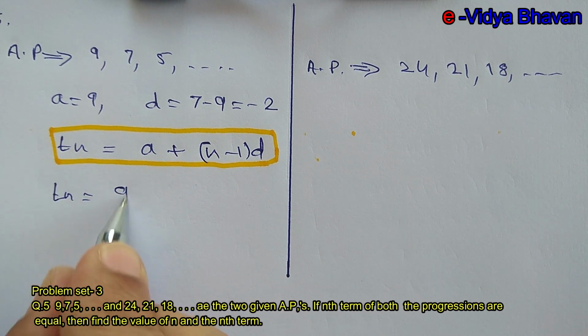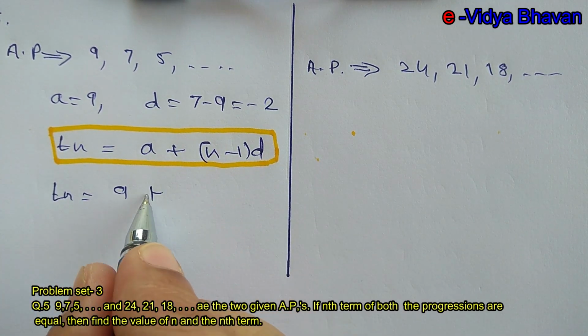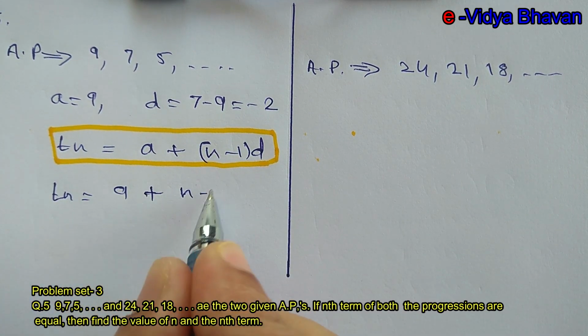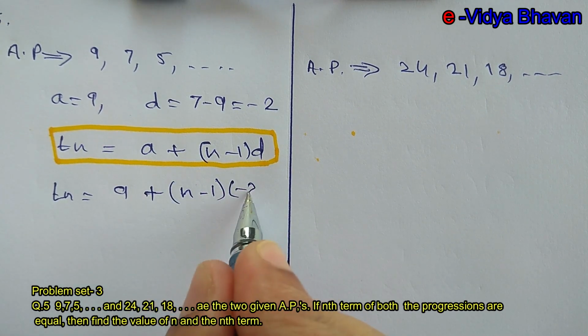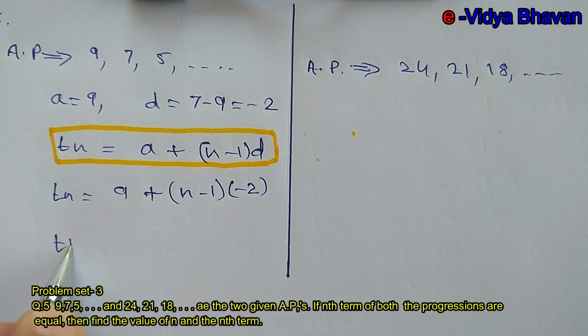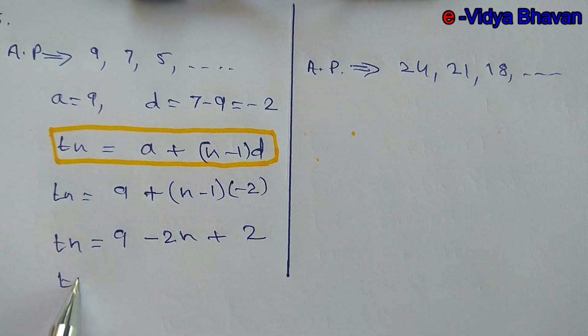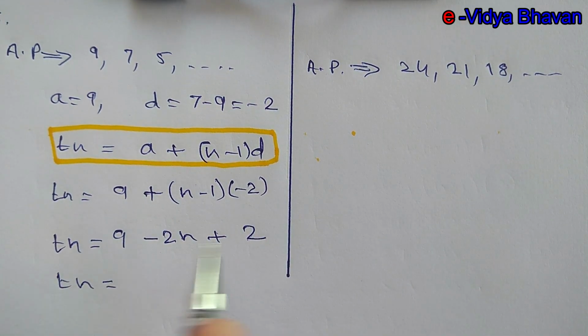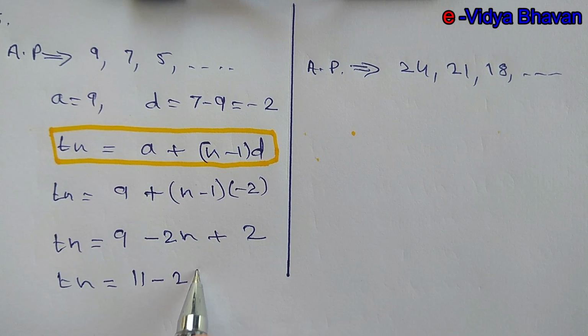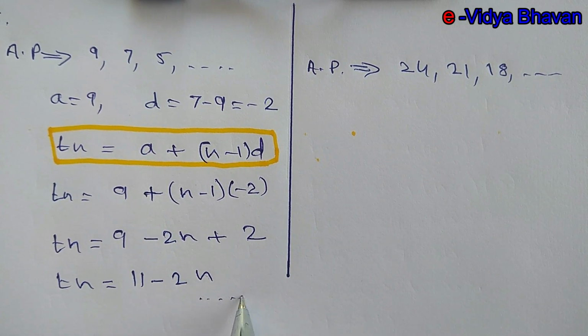Tn equal to 9 plus n minus 1 into minus 2. So Tn is equal to 9 minus 2n plus 2. So Tn is equal to 9 plus 2, 11 minus 2n. And this will be your first expression.